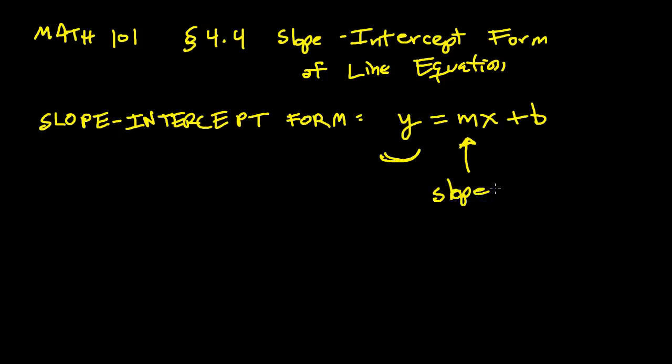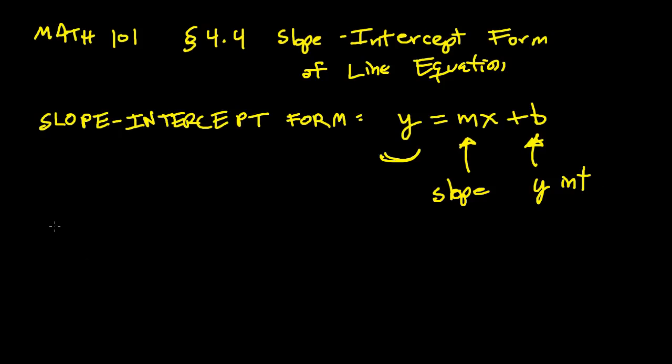That can be very useful to graph the line or to read off graphs of lines and get equations out of them. Somewhat similar, the b is the y-intercept, or technically the y-coordinate of the y-intercept. Hence the name slope-intercept, or really slope-y-intercept form.